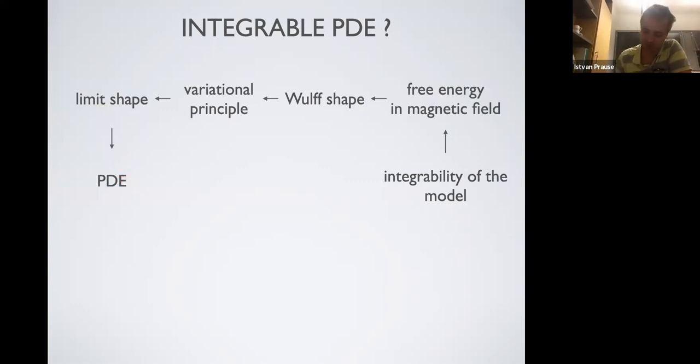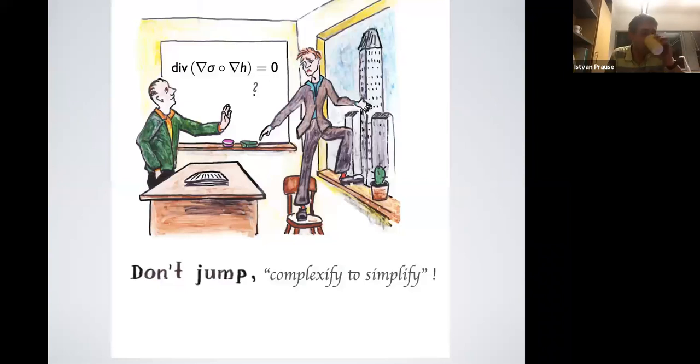Now the question is that we started with this integrable model. How does this translate on the PDE side? Or in other words, we have some surface tension, maybe we can write it down explicitly. We can then write the Euler-Lagrange equation, but how would you go about solving it?